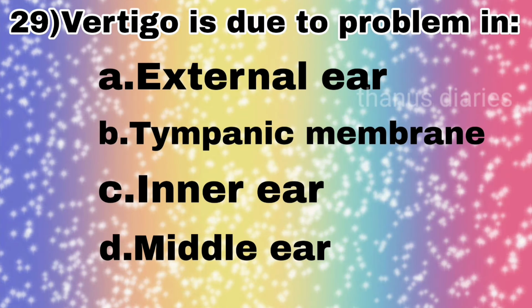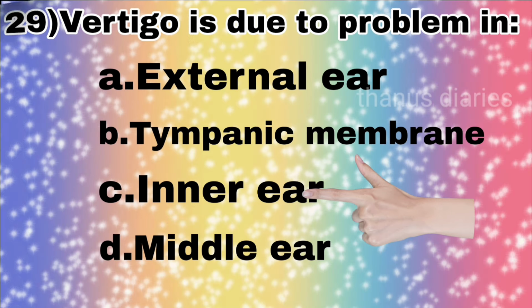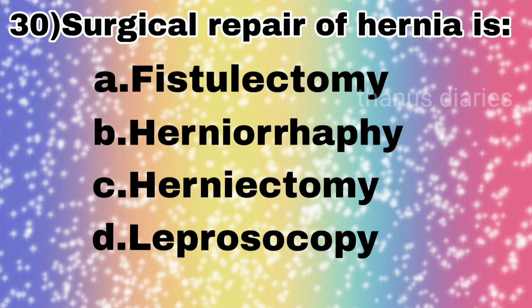Next question. Vertigo is due to a problem in external ear, tympanic membrane, inner ear, middle ear. It's due to a problem in inner ear. Next question. Surgical repair of hernia is fistulectomy, herniorrhaphy, herniectomy, laparoscopy.